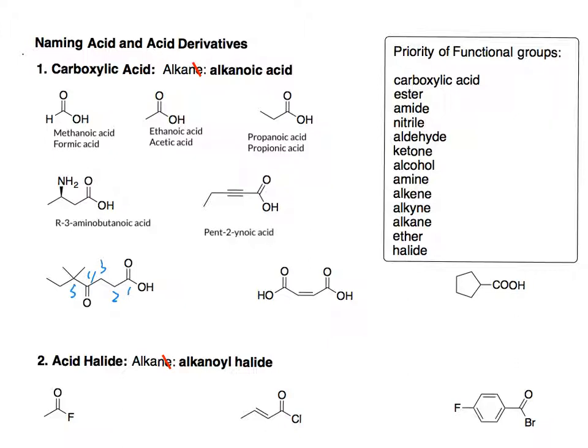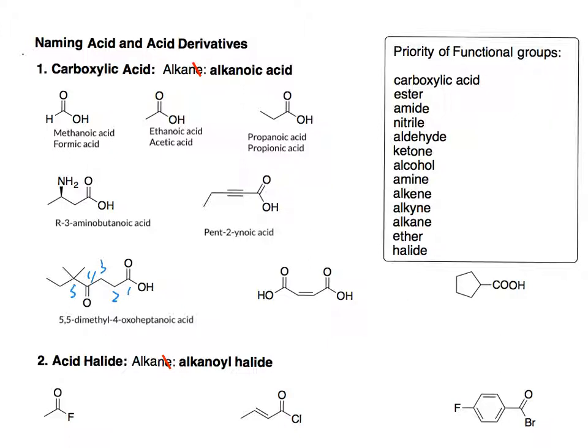And therefore, the IUPAC name for this compound would be 5,5-dimethyl-4-oxoheptanoic acid.